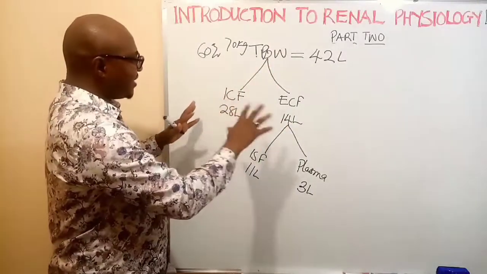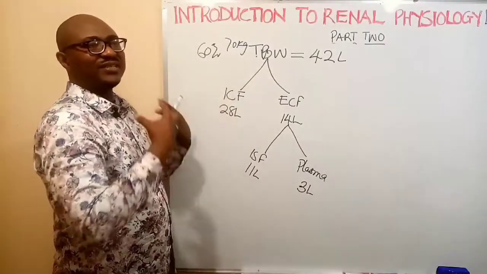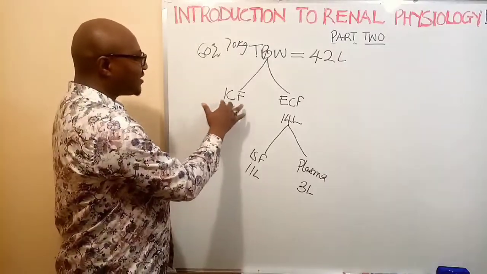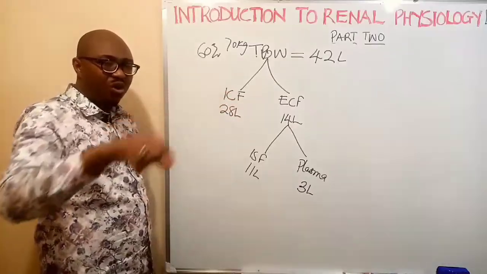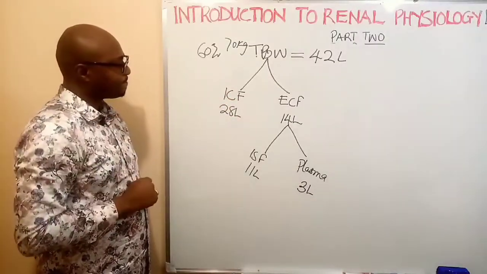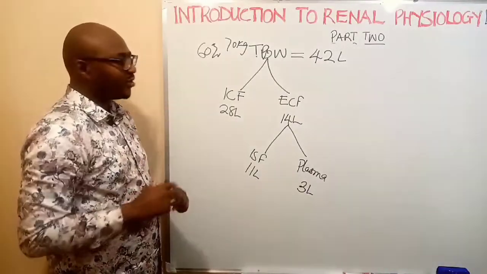How were these volumes measured? What was the method they used? Because the intracellular fluid compartment has to do with the volume of fluid in all of the trillions of cells in the body. So learning these methods can teach us a lot of things.